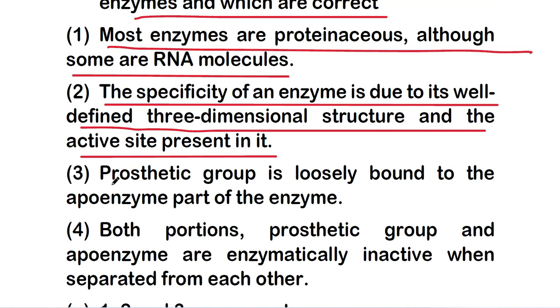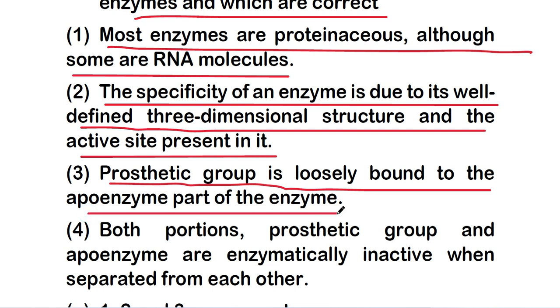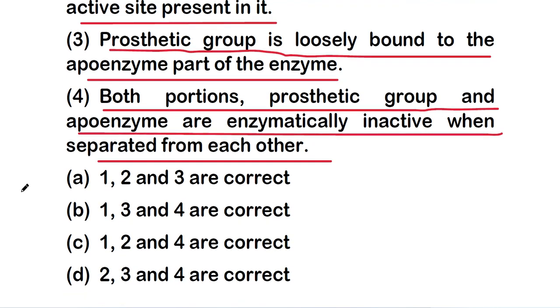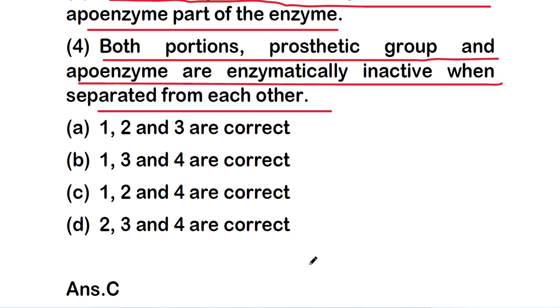Three, prosthetic group is loosely bound to the apoenzyme part of the enzyme. And four, both portions, prosthetic group and apoenzyme, are enzymatically inactive when separated from each other. The options are option A 1, 2 and 3 are correct, option B 1, 3 and 4 are correct, option C 1, 2 and 4 are correct, option D 2, 3 and 4 are correct. So the right answer is option C, that is 1, 2 and 4 are correct.